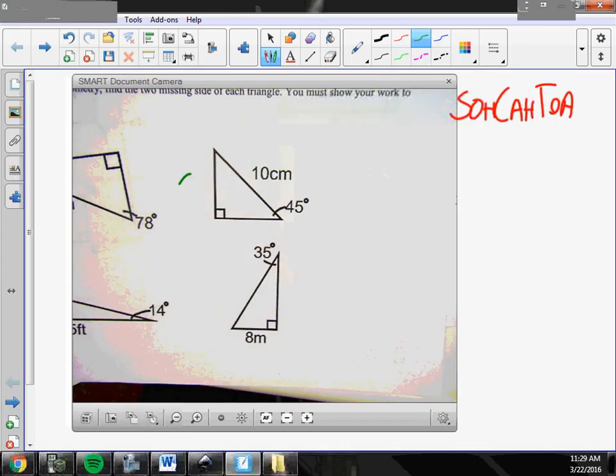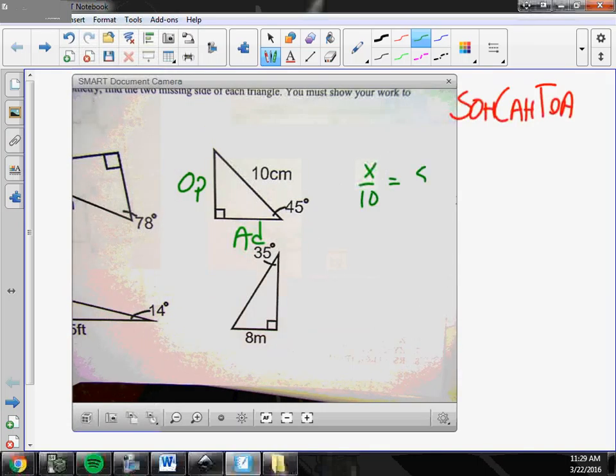I don't know the opposite and I don't know the adjacent. How am I going to calculate the opposite? X over 10 is equal to the sine of 45. Multiply by 10. So 10 sine of 45.